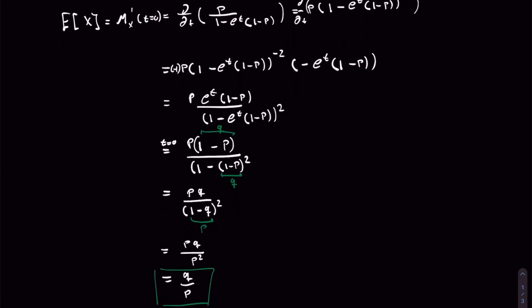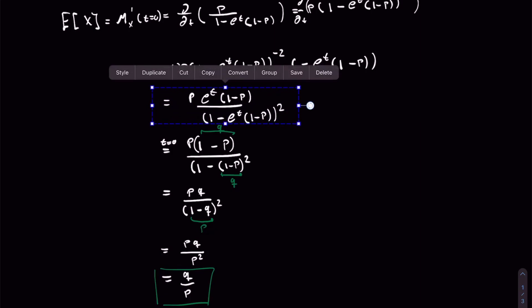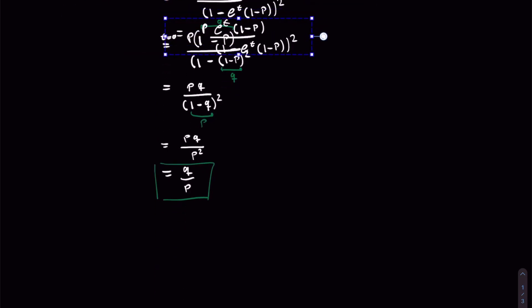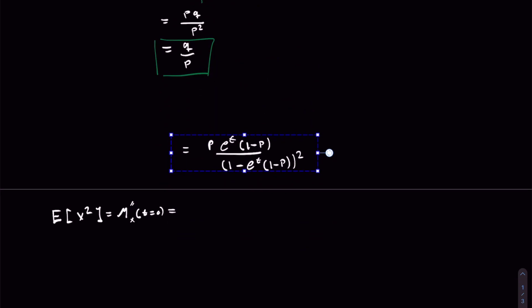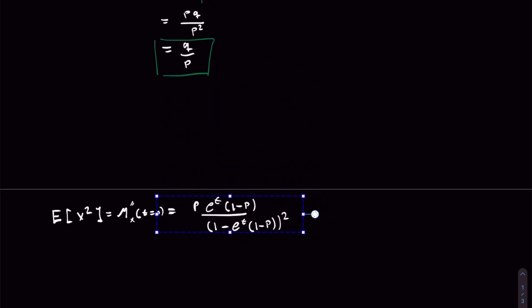So where are we? We are here. Let's copy this, because that is before we set it to t equals 0. So this is what we want to calculate the second derivative of.